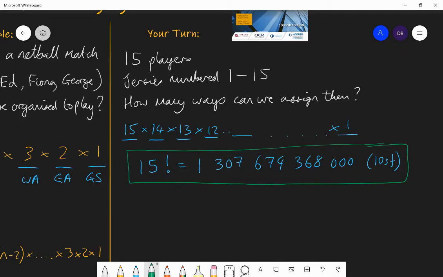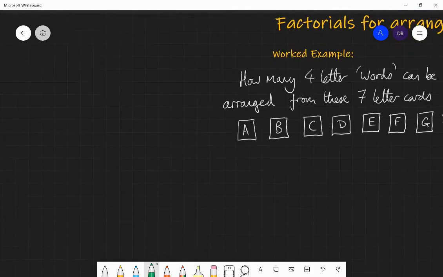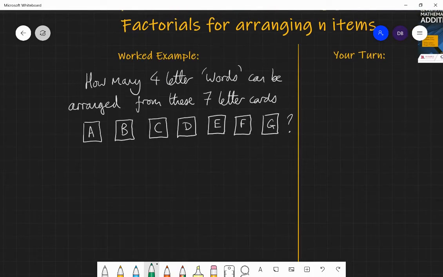Okay. All right. So now for a slightly more difficult example. Let's say we have 7 cutout cards. Okay, so we have 7 cards in front of us, and we want to see how many different 4-letter words can be arranged from these 7 letter cards.